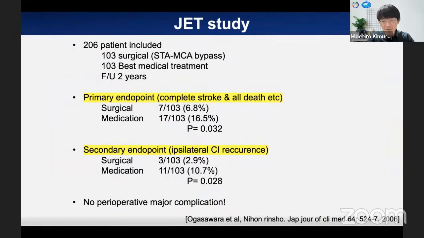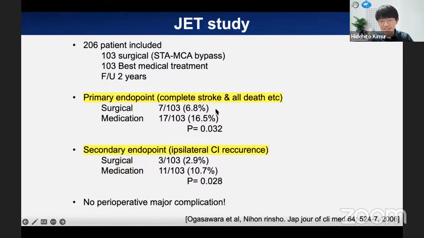And this JET study proved the efficacy, clinically and statistically significant. 206 patients were included, 103 in the surgical group and 103 with the best medical treatment. For the primary endpoint, in the surgical group only 7 patients, and in the best medical treatment group 70 patients, reached the primary endpoint, completed stroke or death, something like that.